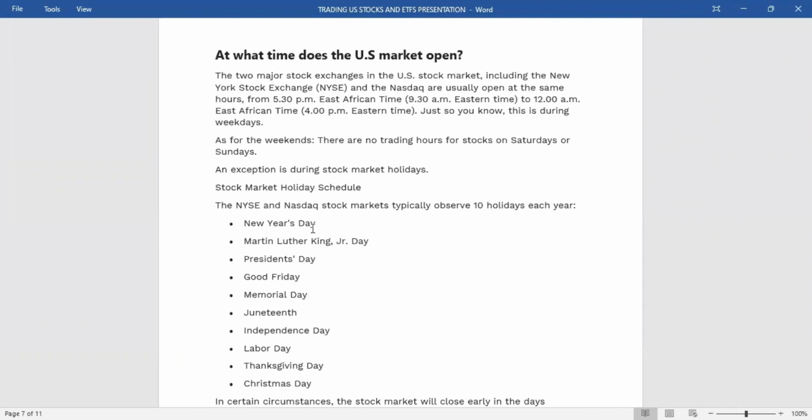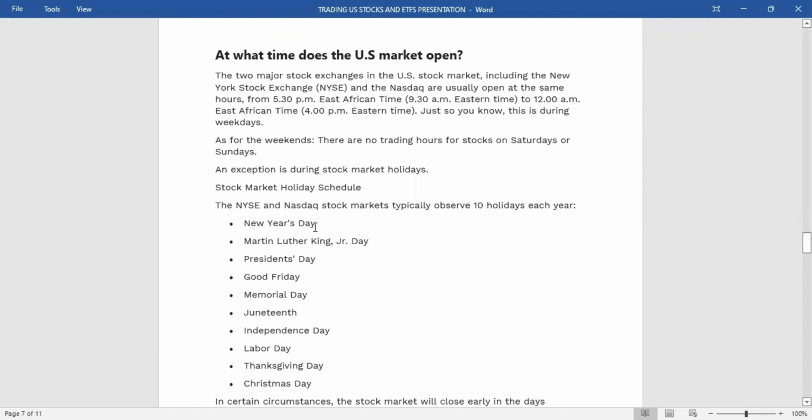So for today, the market is not yet open. The market will open at 5:30 p.m., and that's 9:30 a.m. EST, Eastern Time. And the market closes at 12 a.m. East African Time, so at midnight today. So the market will open at 5:30 and close at midnight.